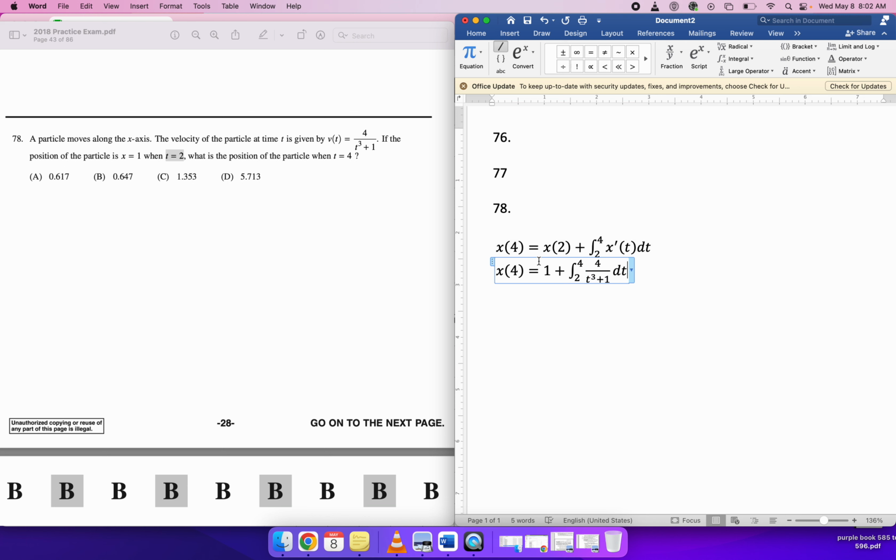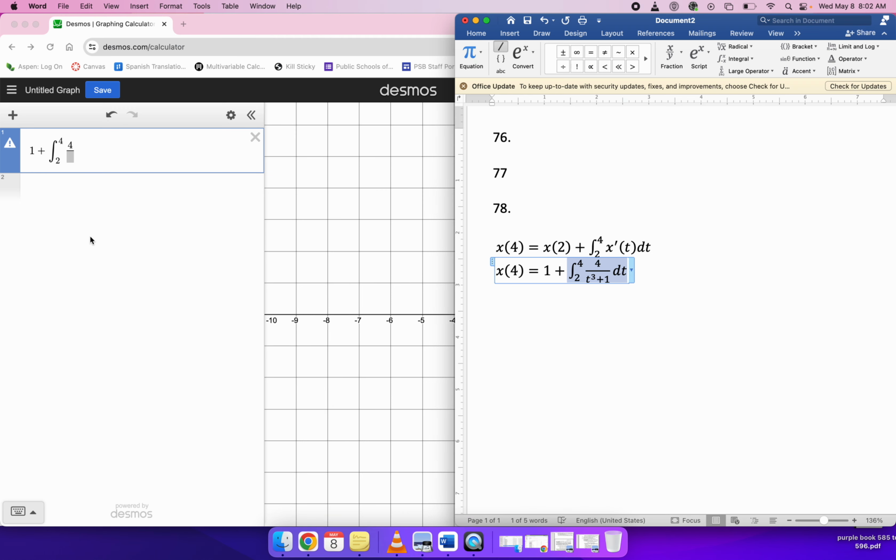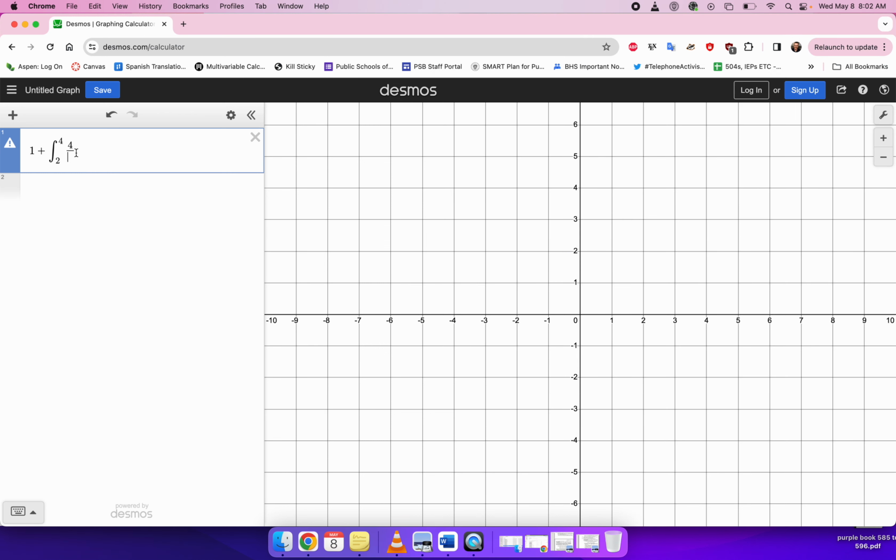And so x of 4 is just going to be 1 plus this integral, and you should just evaluate that integral on your calculator. I'll do it here, integral from 2 to 4. So 1 plus integral from 2 to 4 of 4 over t cubed plus 1 dt.